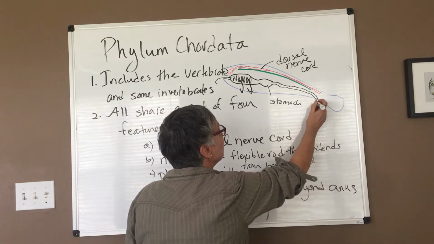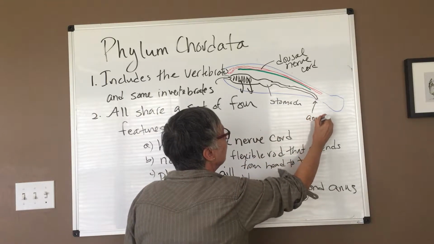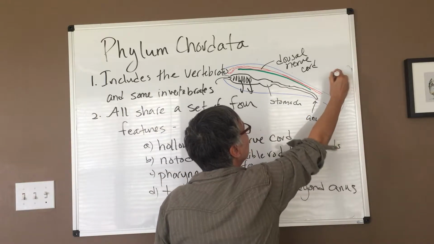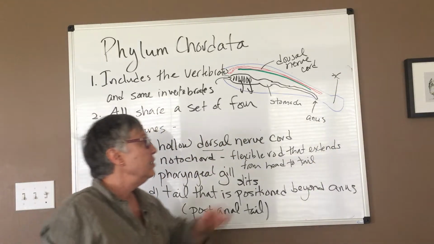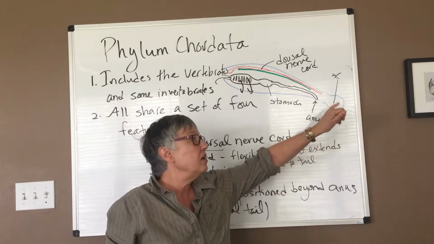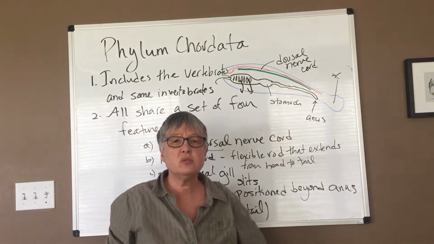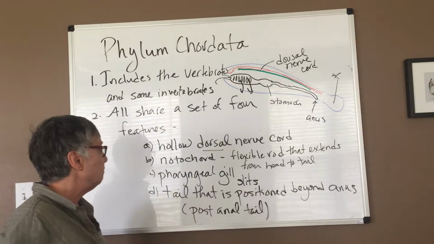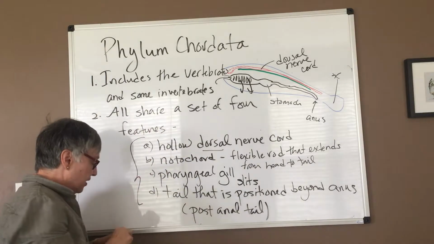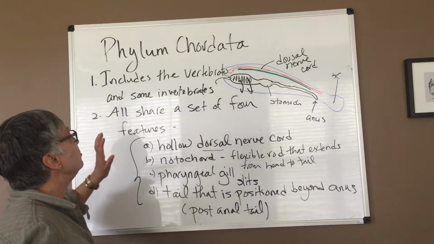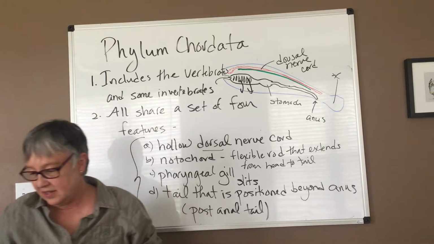And so here's the opening from the digestive system. This would be the anus. So this structure right here is what we call post-anal tail, and it will have muscles, will develop vertebrae, and it'll be kind of an important structure in certain animal groups. All right, so these are the 4 features that are common to all of the organisms that are found in the chordates.